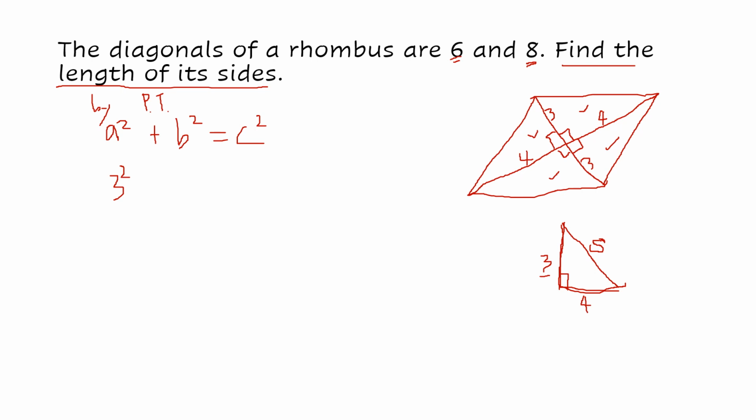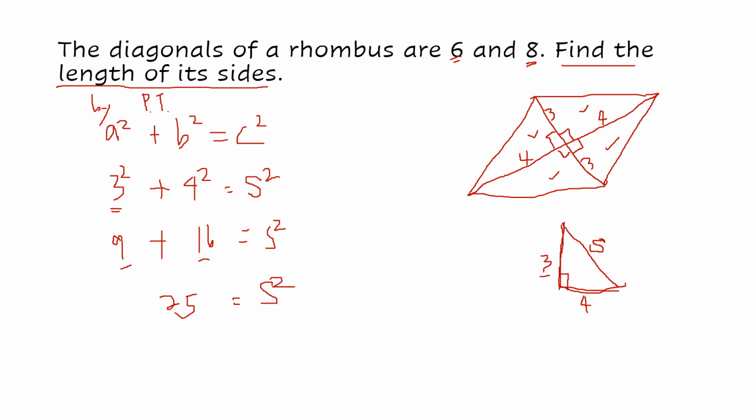So 3 squared plus b, 4 squared equals c, which is the side of the right triangle taken from the rhombus. So s squared. So we simplify. 3 squared is 9 plus 4 squared is 16 equals s squared. But adding 9 and 16, you get 25, which is equal to s squared.